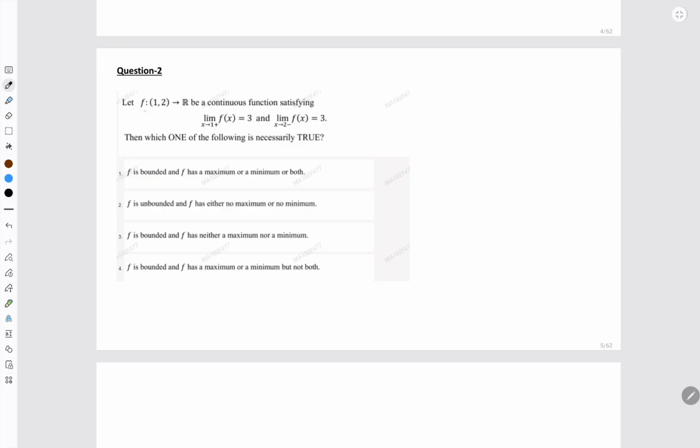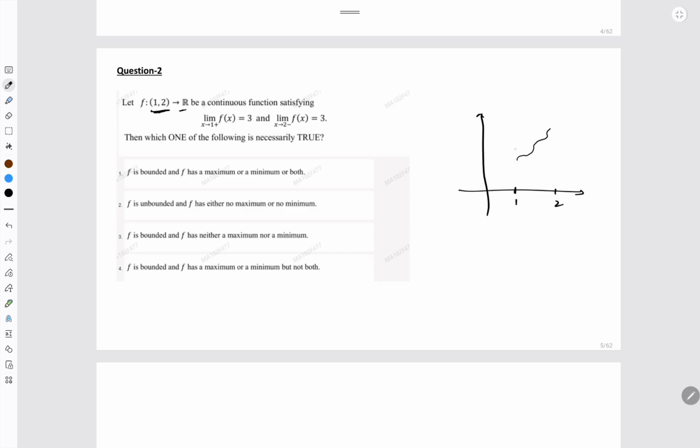So we know that a function is defined from 1, 2 to R. If I draw a rough graph, let's say, this is 1, this is 2, and there is a continuous function in between this interval. Continuous means I am continuously drawing a graph.